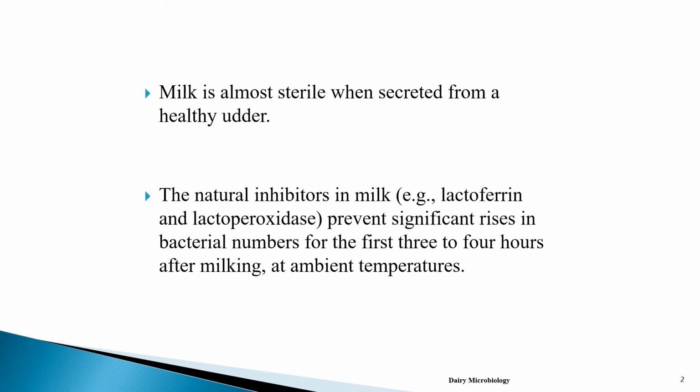Cooling to 4 degrees Celsius within this period maintains the original quality of the milk, and this is the method of choice for ensuring good quality milk for processing and its consumption.